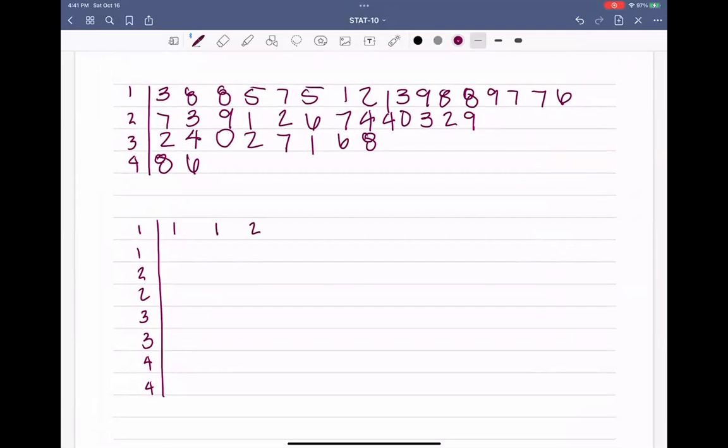Then 3s, we have 1, 2, 3s. All right, let's do this. So we had 1, 1, 2, 3, 3. No 4s, and that would cut off there.